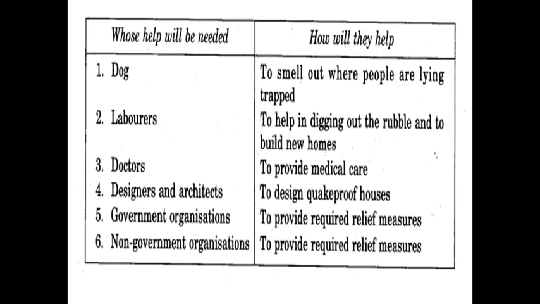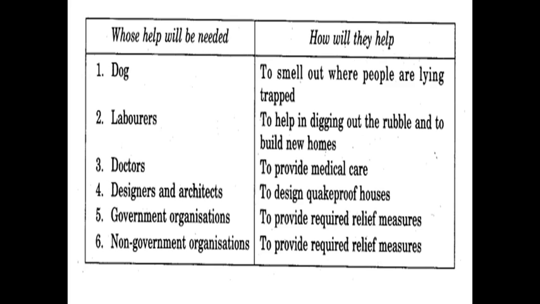Many schools and colleges collect money, clothes, medicines and other things and send them to disaster affected areas. We are helping in that way. So one by one I have given whose help will be needed during the disaster and how they will help. This table you have to write down in your notebook.